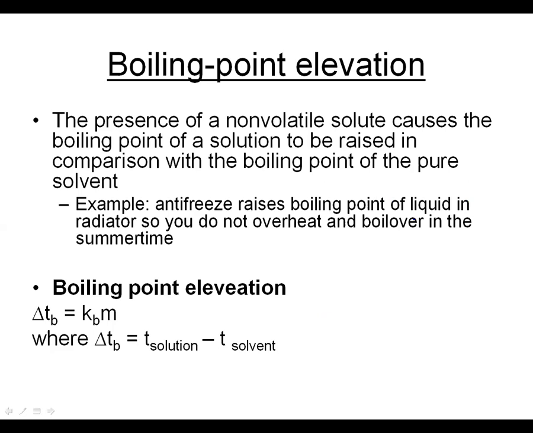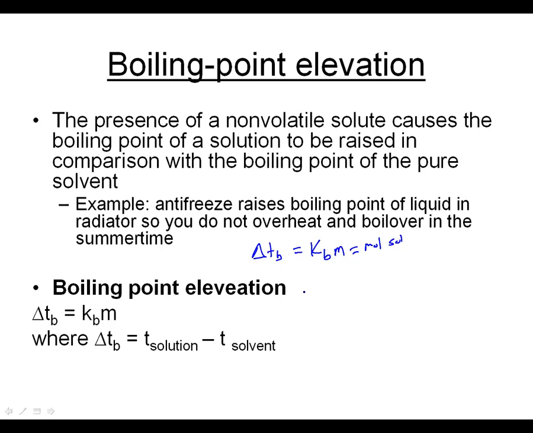It also has the same sort of formula. It is delta Tb, that's the change in boiling point temperature, equals Kb times m. m again is our molality, so that's our moles of our solute over kilograms of solvent.